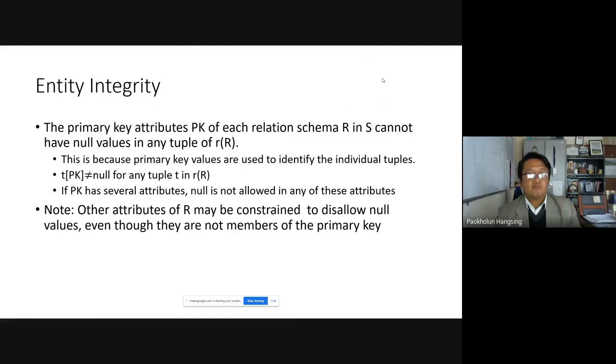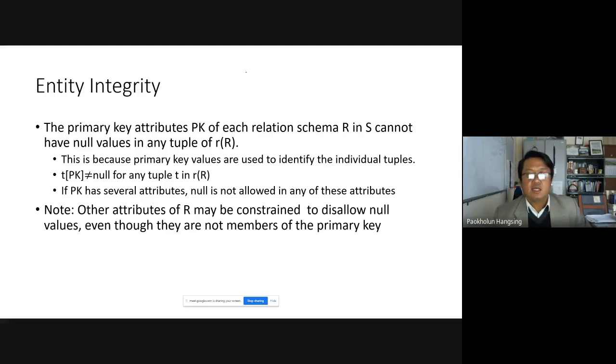Now coming to entity integrity constraint. The primary key attributes of its relation schema cannot have null values in any tuple of that relation. That means the value of the primary key in its tuple cannot be null.